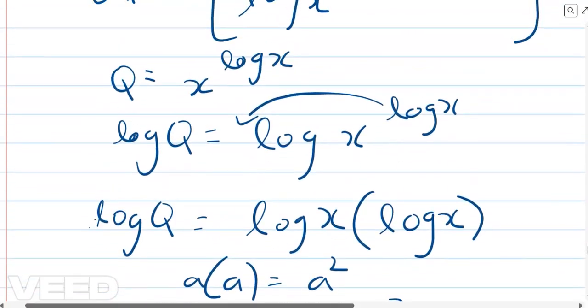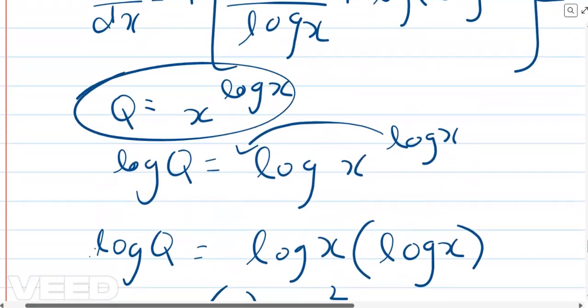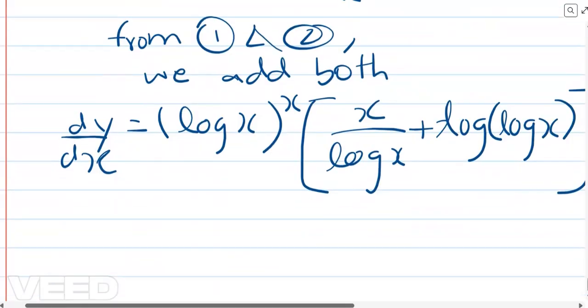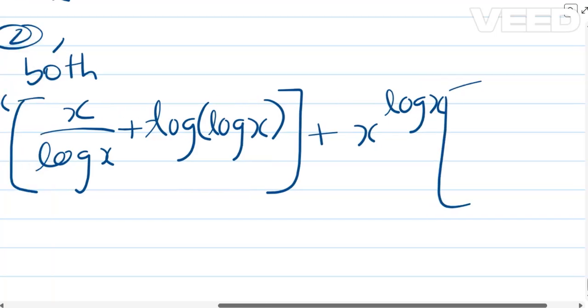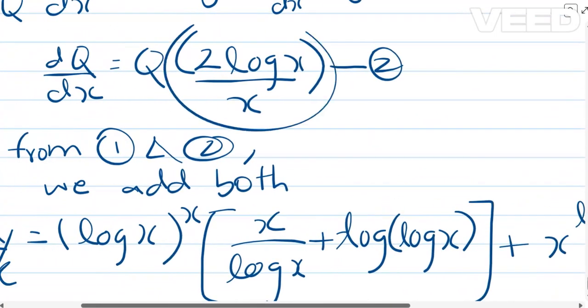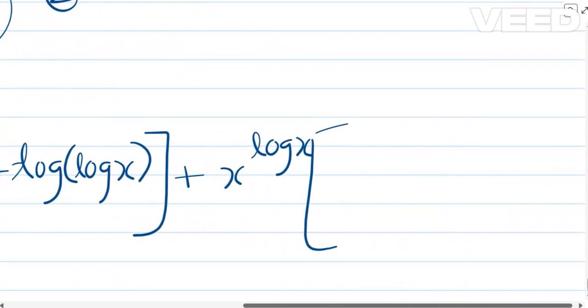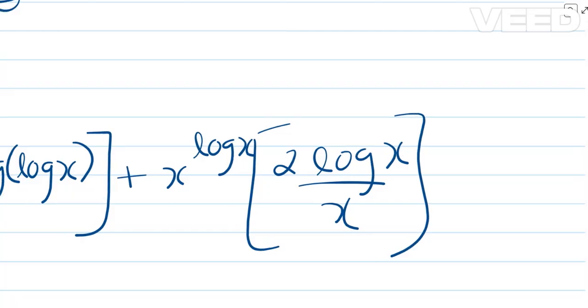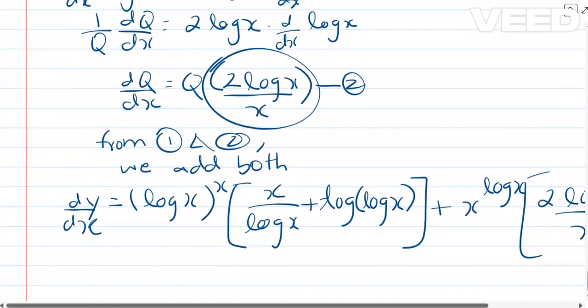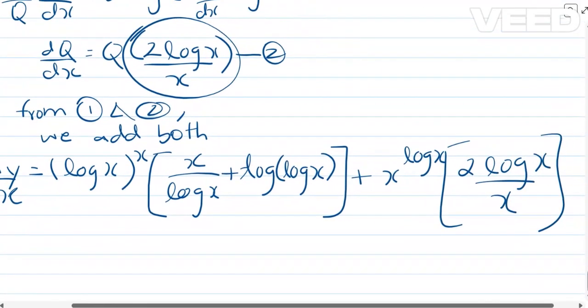What is q? q is x to the power log x. Substituting, we get x^(log x) times 2 log x by x. So this is our answer.